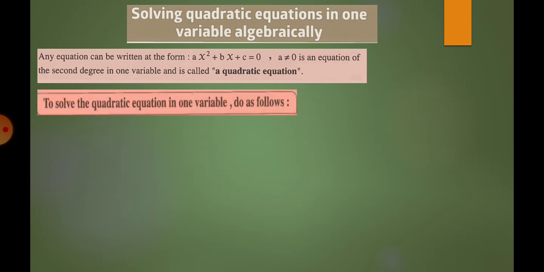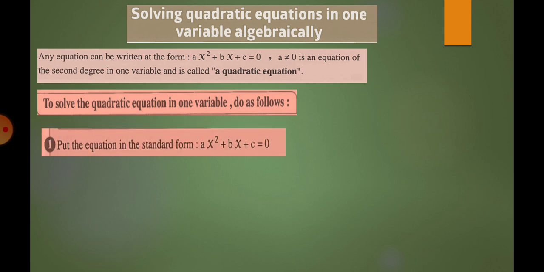To solve a quadratic equation in one variable, number one, put the equation in the standard form of quadratic: ax power 2 plus bx plus c equals 0.